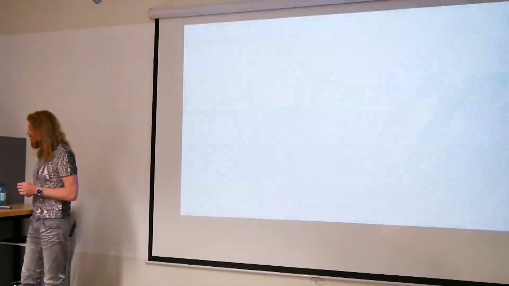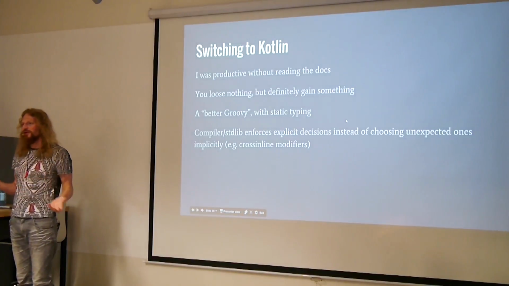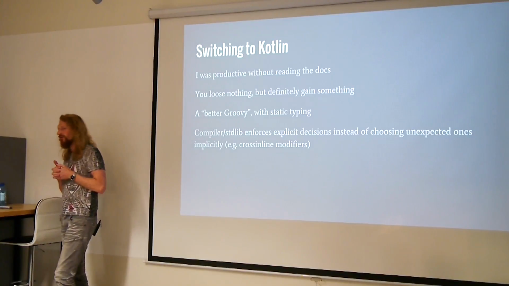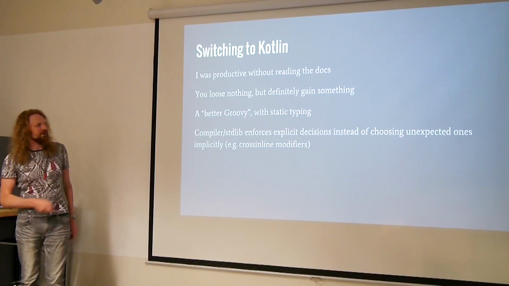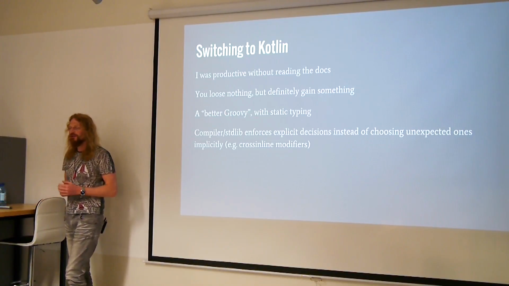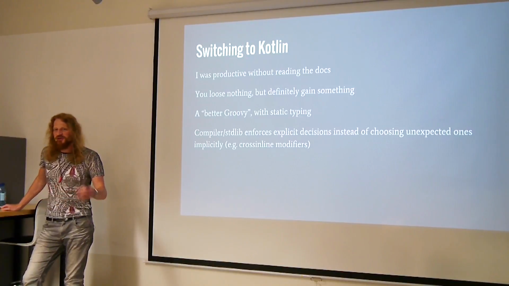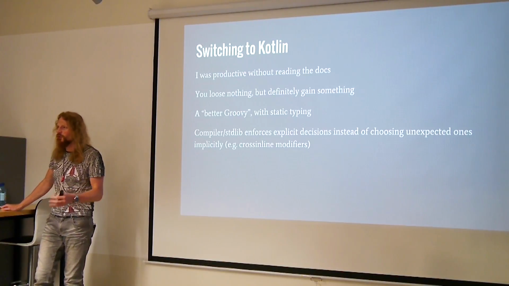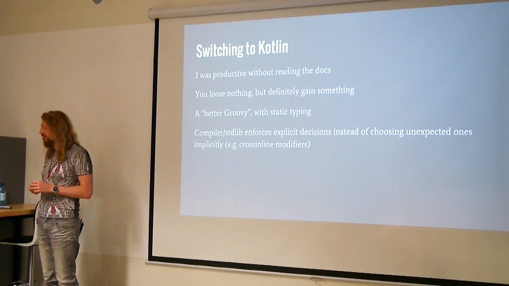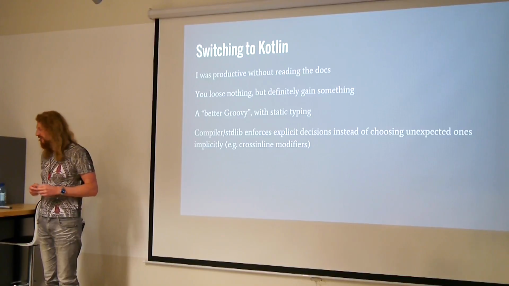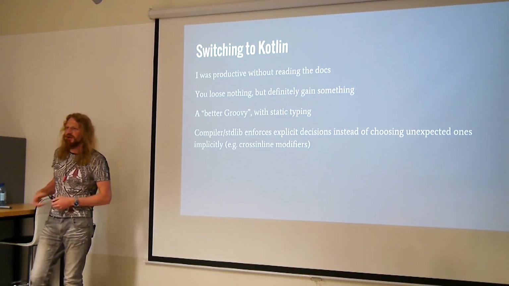If somebody wants me to describe Kotlin, what it is, I would say that it is a better Groovy. I think it has everything that I miss from Groovy when I'm writing Java. It has most of the fun stuff that I miss from Scala when I write Java, and it has some extra things like nullable checks.